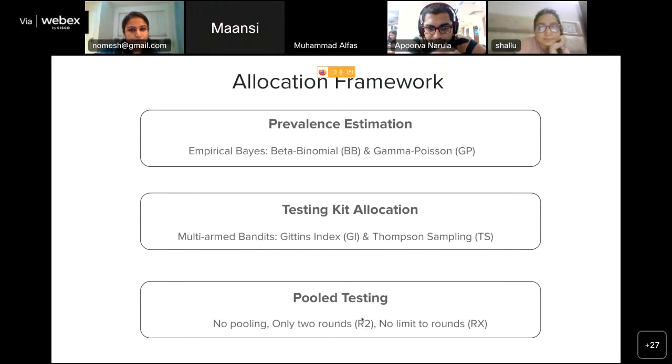And if there is no R digit in the method, it means there is no pooling. R2 means there are only 2 rounds of pooling, and RX means there is no limit to the number of rounds of pooling.